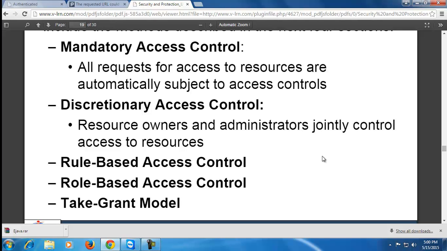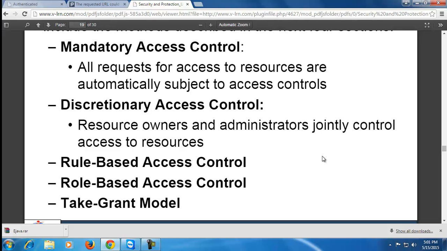Next is role-based access control, in which we define who is the user, who is the guest user, and who is the admin of that particular file, and who has the rights to apply changes and provide access to that system for other users and for itself also.